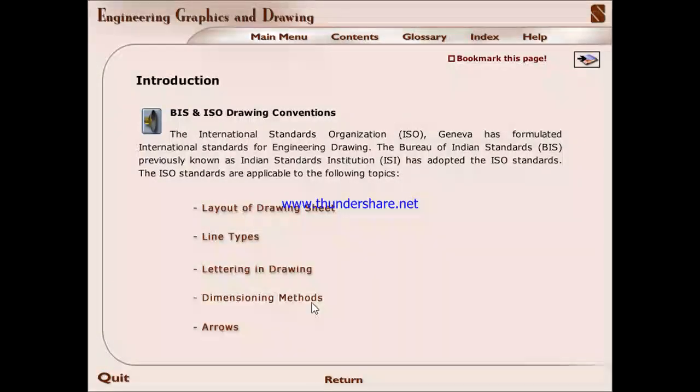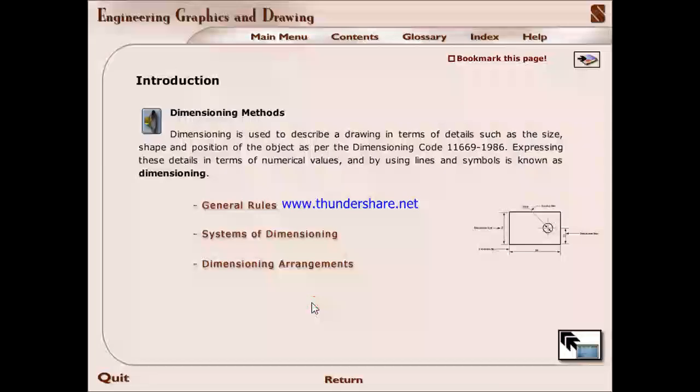Now, dimensioning methods. In this, first we will discuss the dimensioning methods. Dimensioning is used to describe a drawing in terms of details such as the size, shape and position of the object as per the dimensioning code. Expressing this detail in terms of numerical values and by using lines and symbols is known as dimensioning.